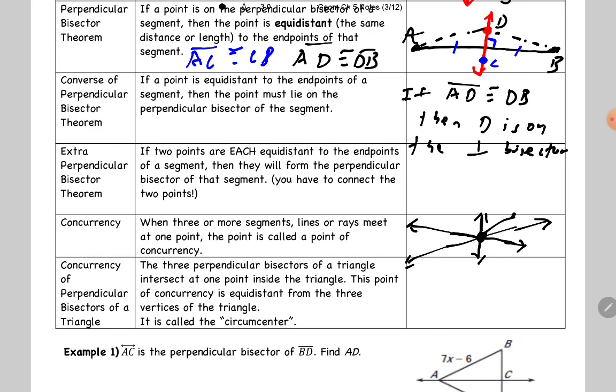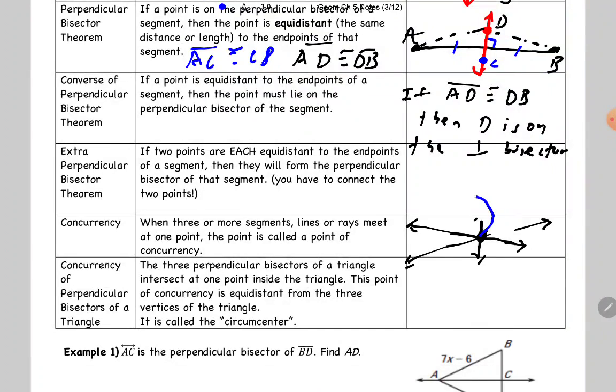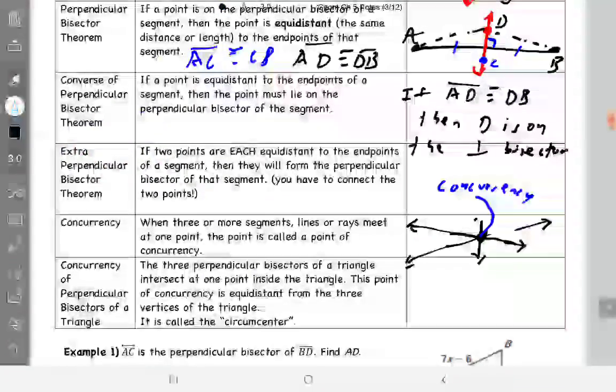This is called the concurrency. Let me use a different color. Concurrency. It's just the intersection of 3 or more things.